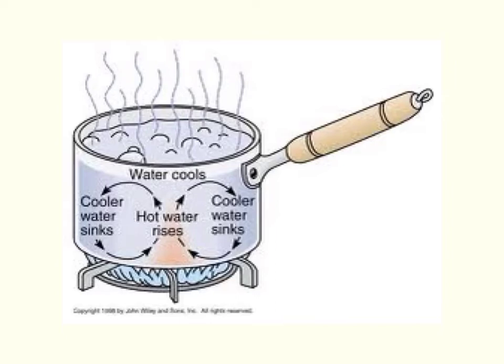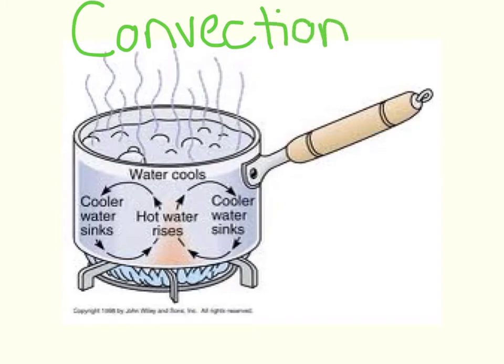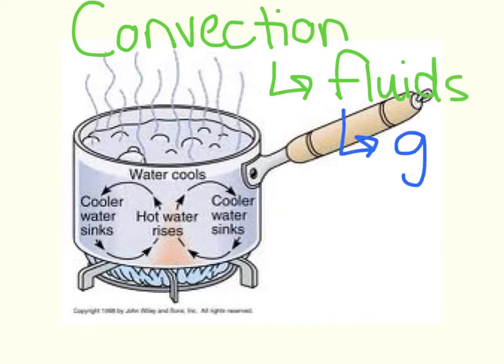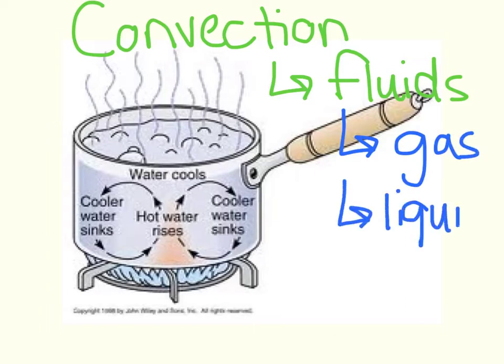The last method of heat or energy transfer is convection. Convection involves fluids only. A fluid is anything that can flow, as in a gas or a liquid. Convection cannot happen with solids.